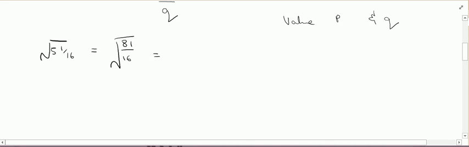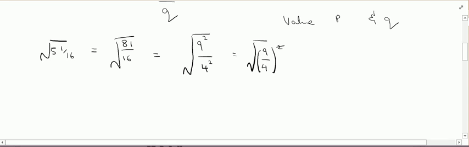and it can equally be written as, 9 9s are 81, so 9 square divided by 4 square, 4 4s are 16. It can equally be written as 9 over 4 whole square, and this square and this under root can be cancelled out. It will be plus minus 9 over 4.